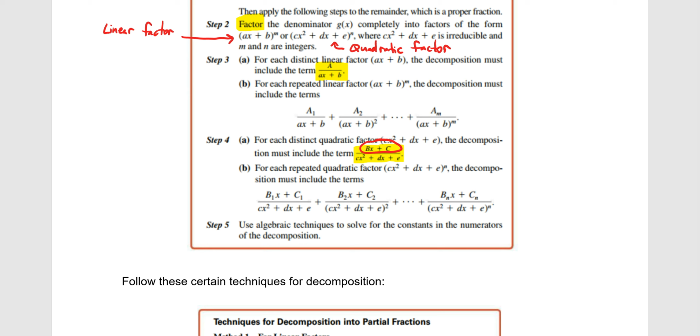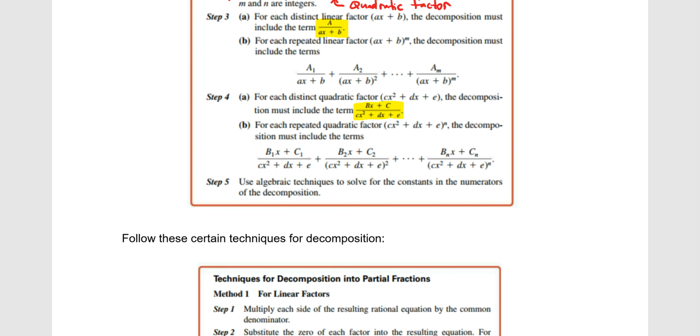And then, just like before, we can have repeated quadratic factors like we did for the linear factors. If we have a quadratic factor raised to the nth power, then we need all of the quadratics from the first power, to the second power, all the way to the power of n.